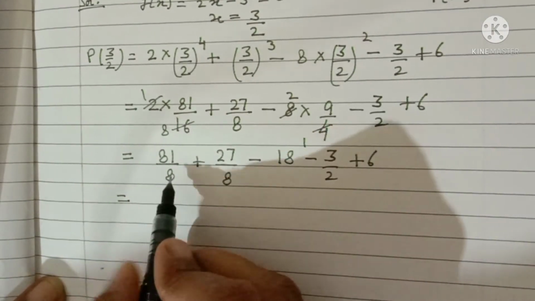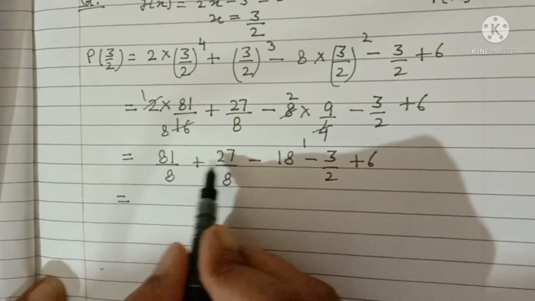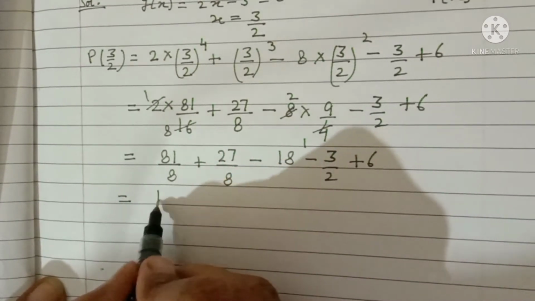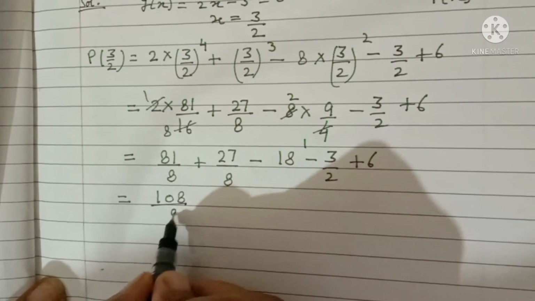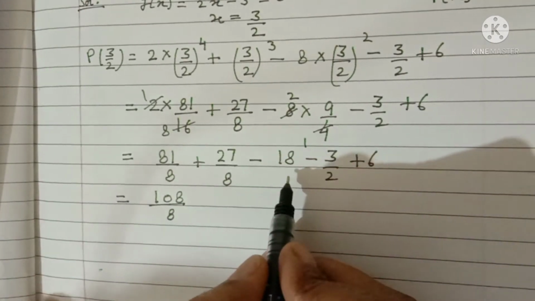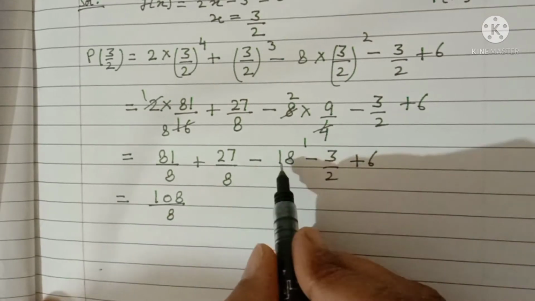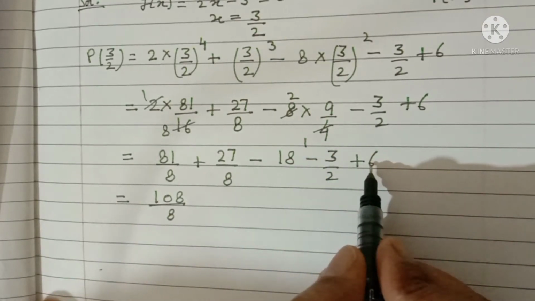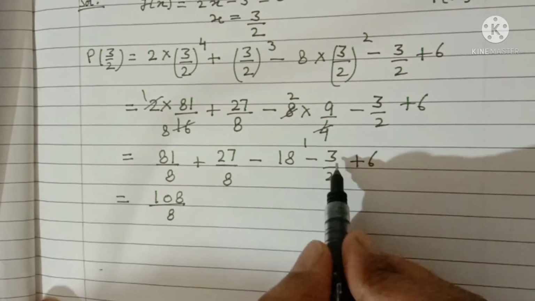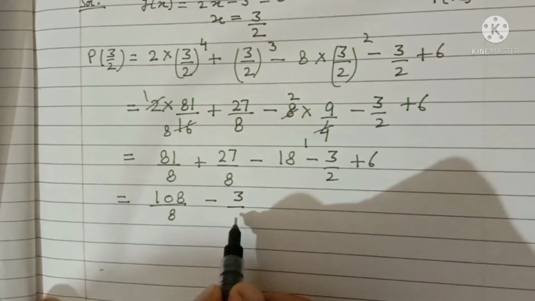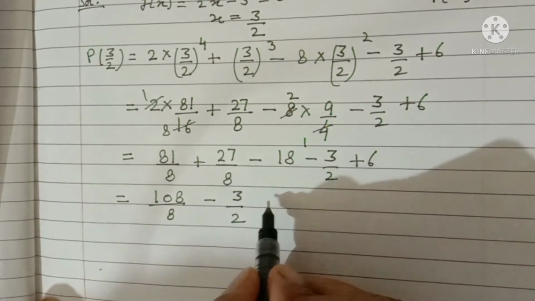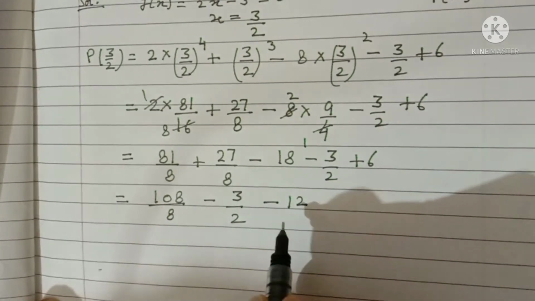Add these two numbers, 81 and 27, you will get 108 upon 8, and this becomes minus 18 plus 6, you will get minus 12, and write down this fraction, minus 3 by 2.